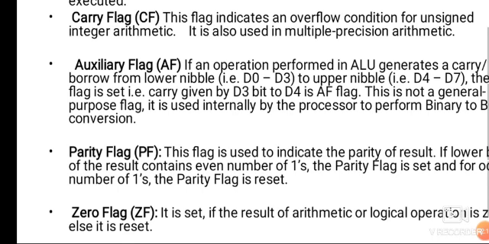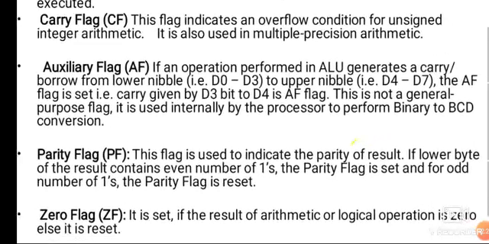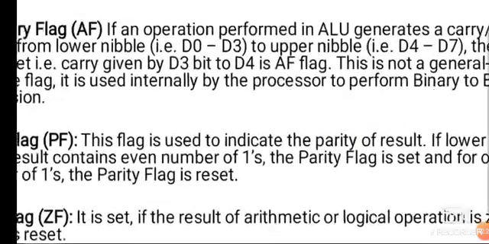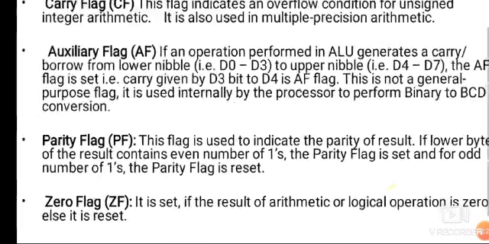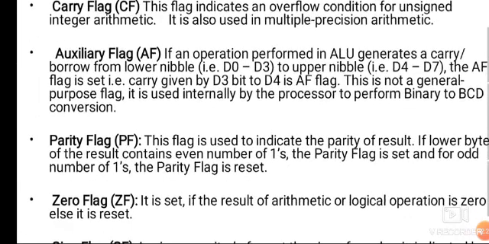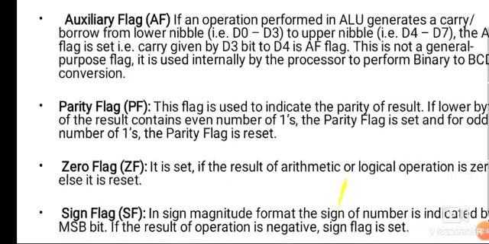Parity flag is used to indicate the parity of the result. If the lower byte of the result contains an even number of ones, then the parity flag will be set, else it will be reset. Reset means it will be 0. Zero flag is set once the result is 0 after any arithmetical or logical operation.